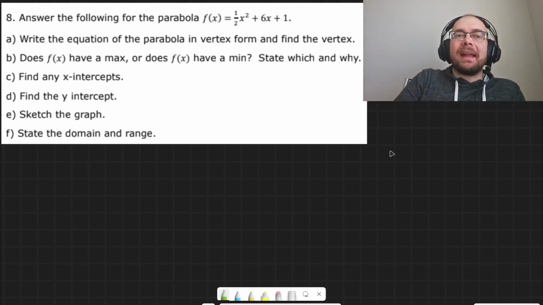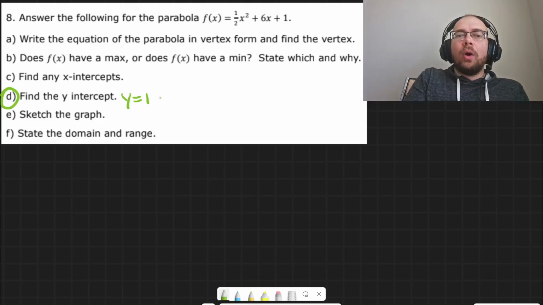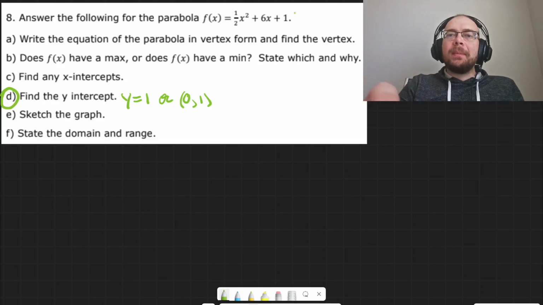So we automatically know the y-intercept, which is actually part D. You could say y equals 1, or it would be more correct to say (0, 1) for the y-intercept, and that's because of that value right there. So if it's in standard form, you automatically know the y-intercept.